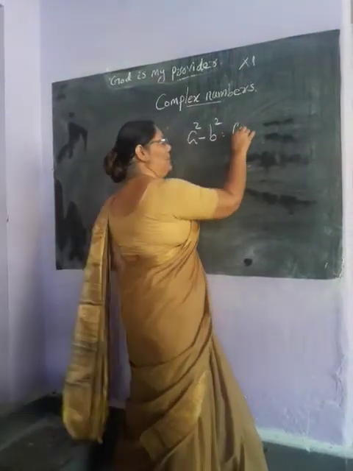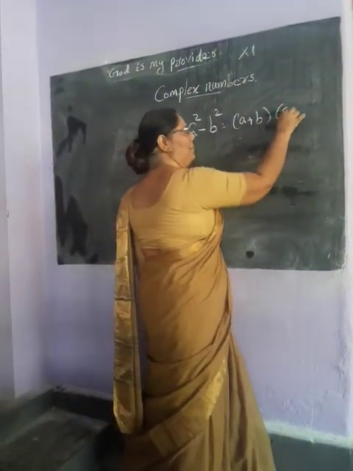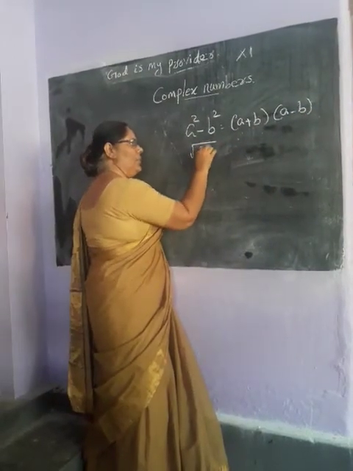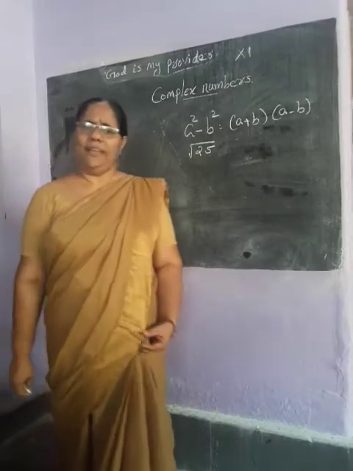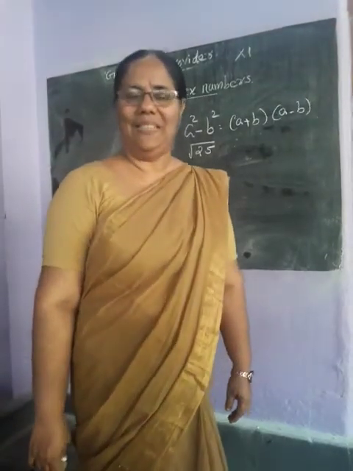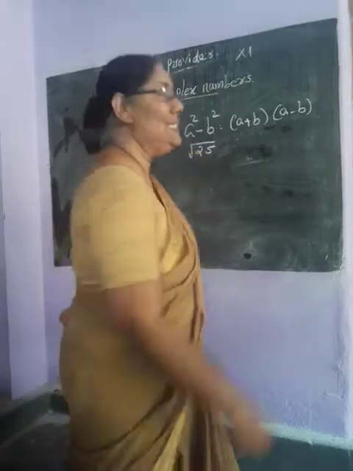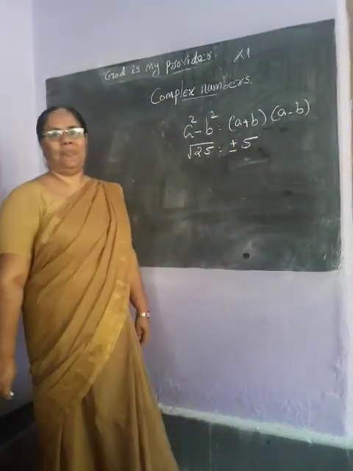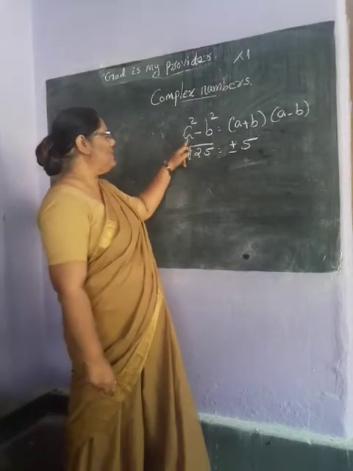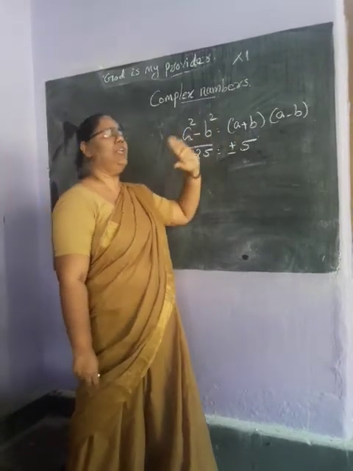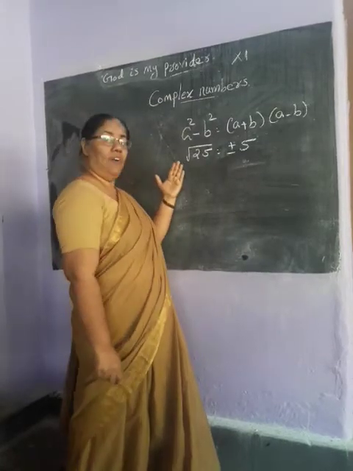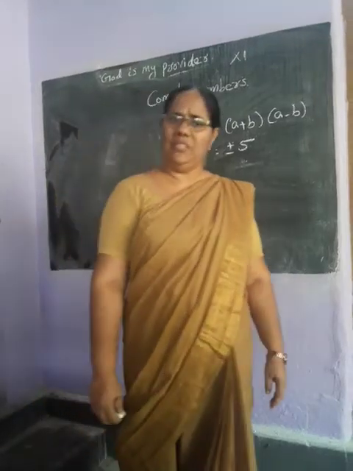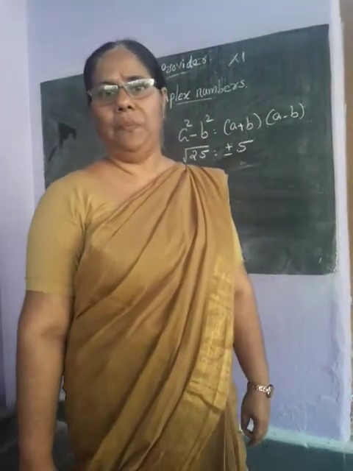And again we know, what is the answer for root 25? Can you find the root 25? That is equal to plus or minus 5. Okay, we can factorize a square minus b square as a plus b into a minus b, and we can find the root of a positive number, root 25, root 16, plus or minus 4.